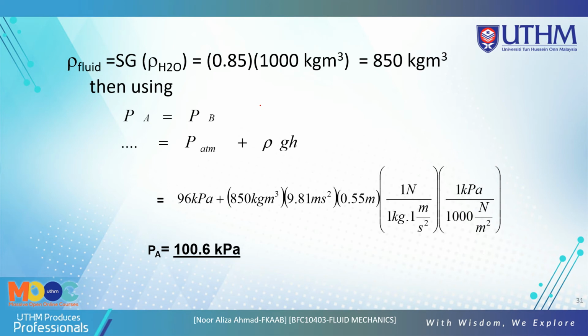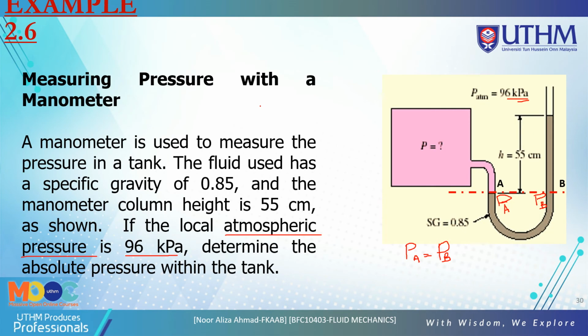Just look based on this one. PA is the pressure at A, based on this side, and PB is at this side.